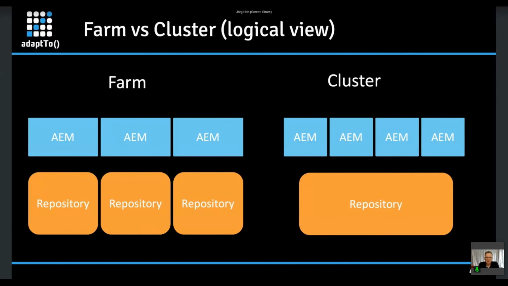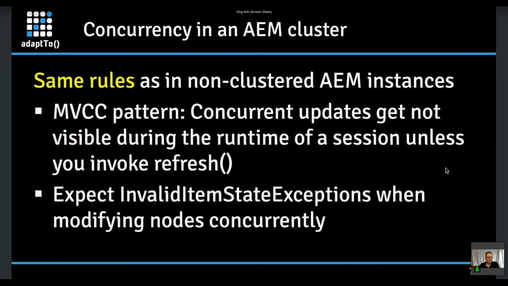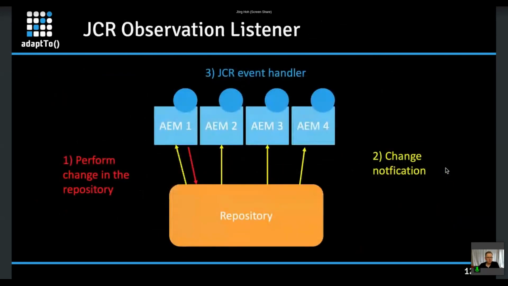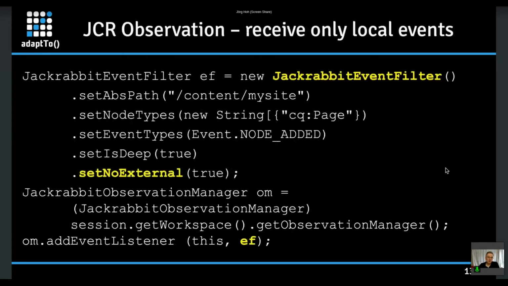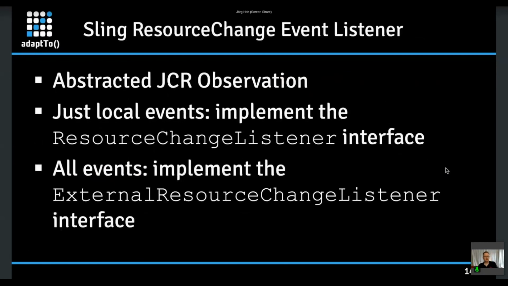That means you create the Sling job on the cluster node where this event did happen. In that case, you may want to either use a JCR observation, or in case you want to use a ResourceChange listener, use the standard ResourceChange listener, not the external one, which is able to handle all events.